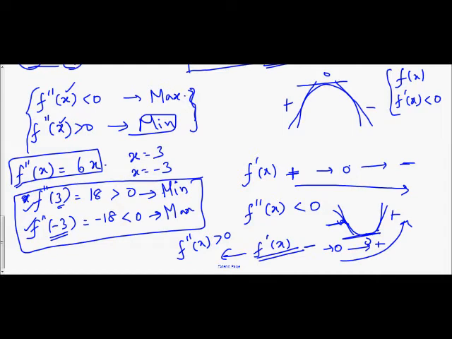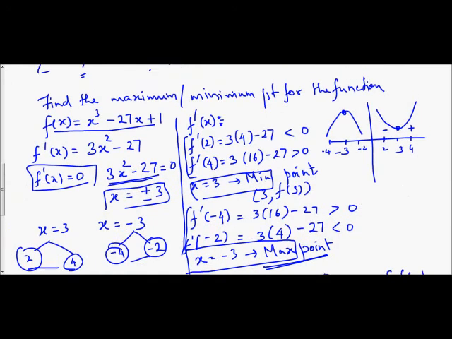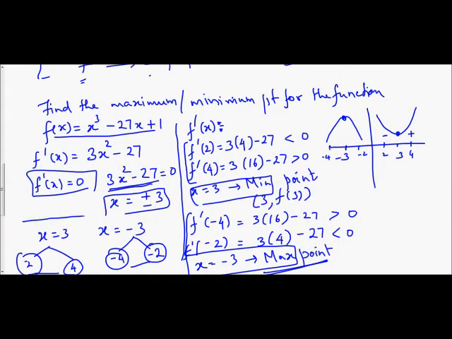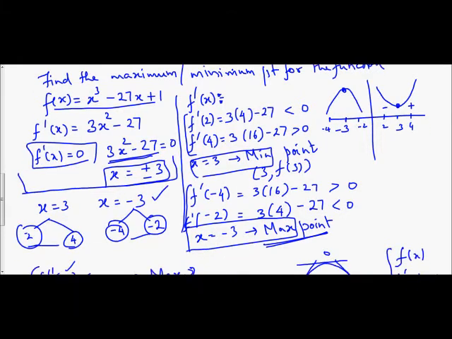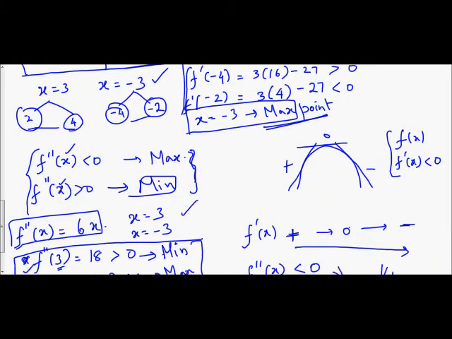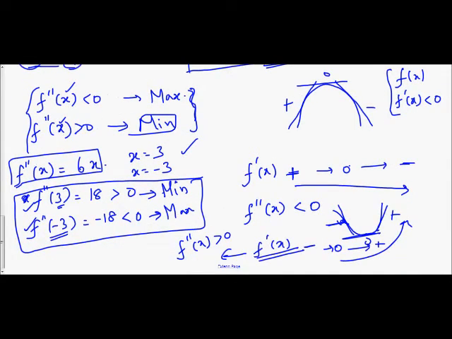So when you are asked to find the maximum and minimum point, it's not enough if you stop with this. You need to go further either in this method or in this method and say which one is maximum or minimum. In some questions, like we'll be doing soon, you might have to just find the value of x for which the area is maximum. In these cases, we usually tend to stop with finding the x values, and we usually do not go further to check whether that x value actually gives the maximum or not.